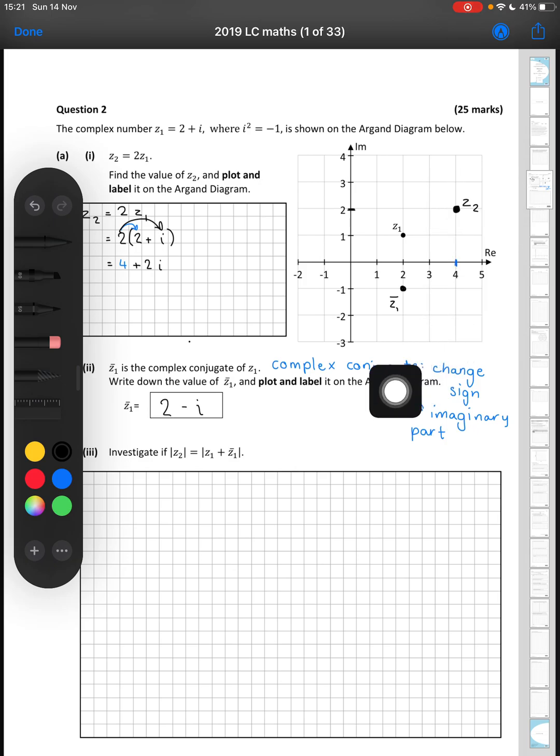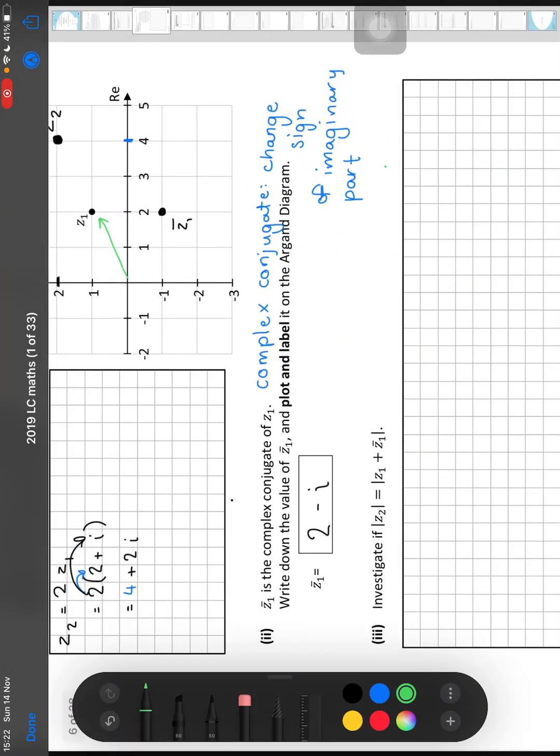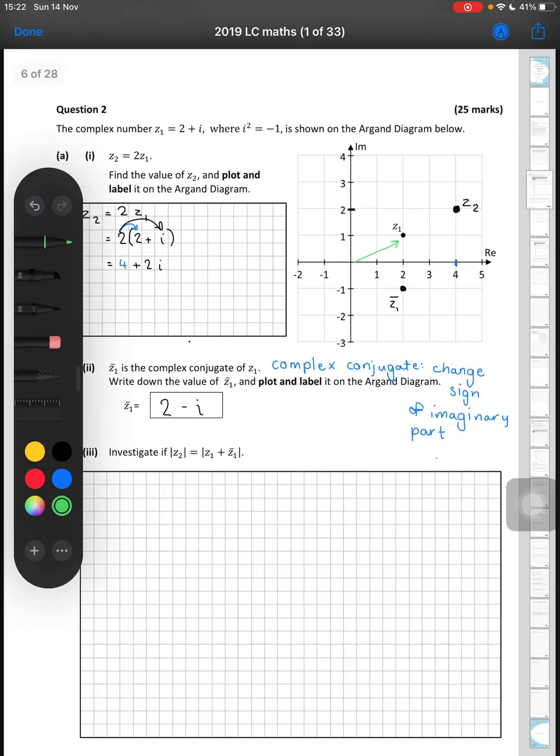So we're investigating if this plus this is the same distance from the origin as this is here. If I was to add the line that gets from the origin to Z1 onto my conjugate, what I'd end up with is this point here.